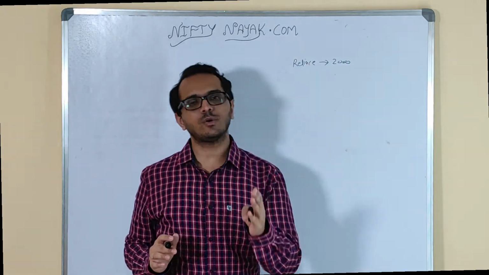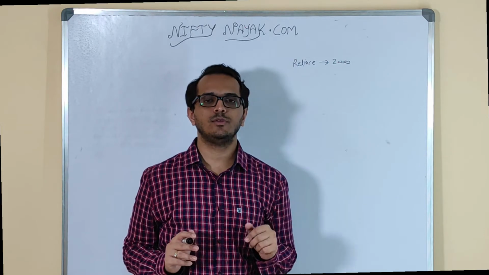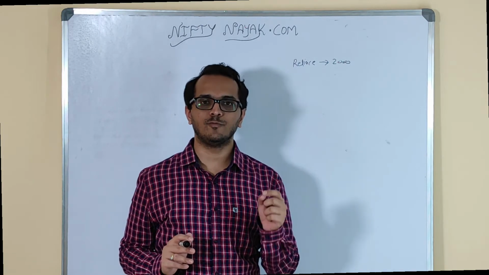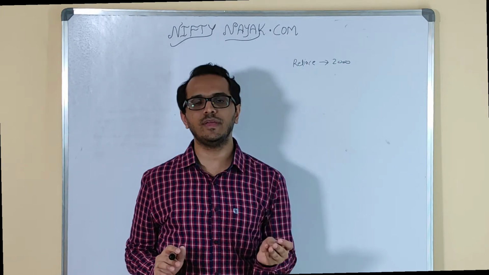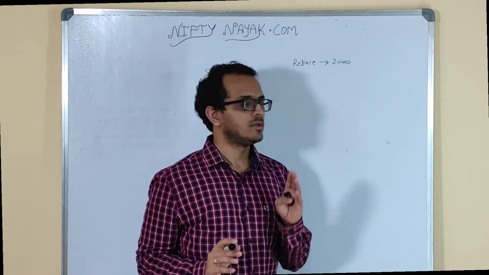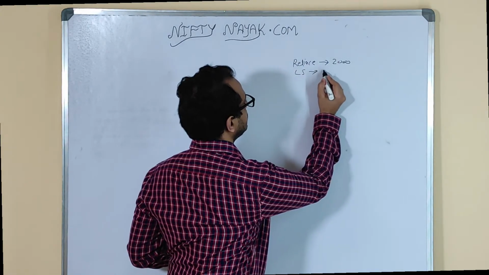Now, if you are really confident of Reliance going up, then you can buy one lot of futures. In futures and options, you should always trade in lots. So now let's say the lot size of Reliance is 250.